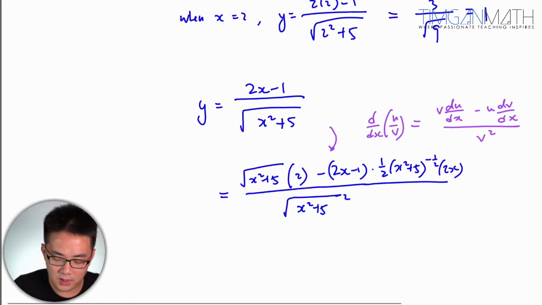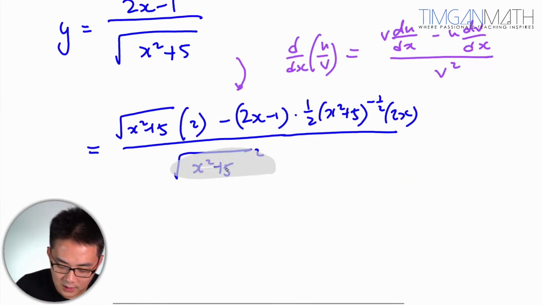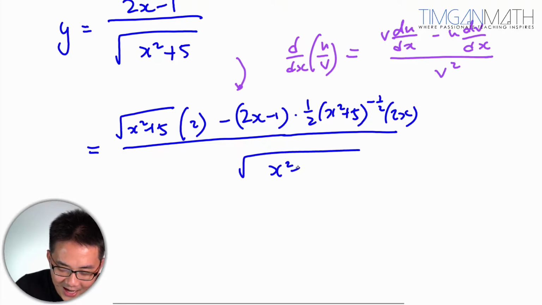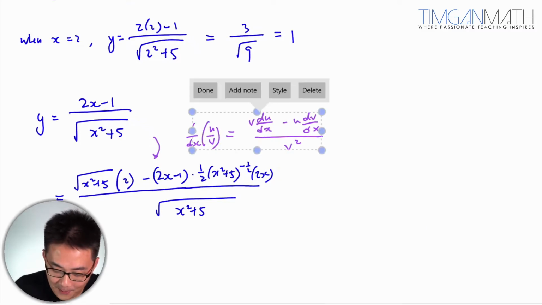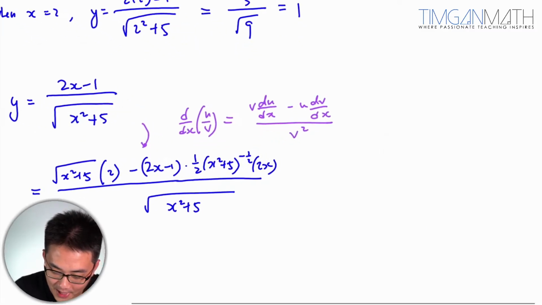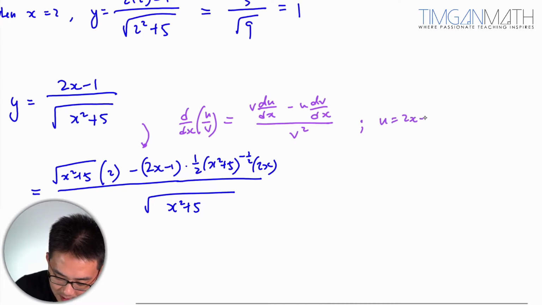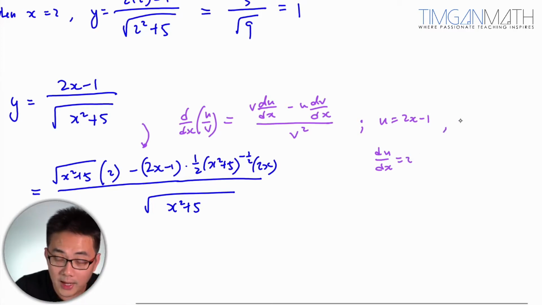Okay, maybe this is a bit too intense. Maybe I should slowly write it down and color code it for you. In this case, my u is 2x minus 1, so my du/dx will just be 2.